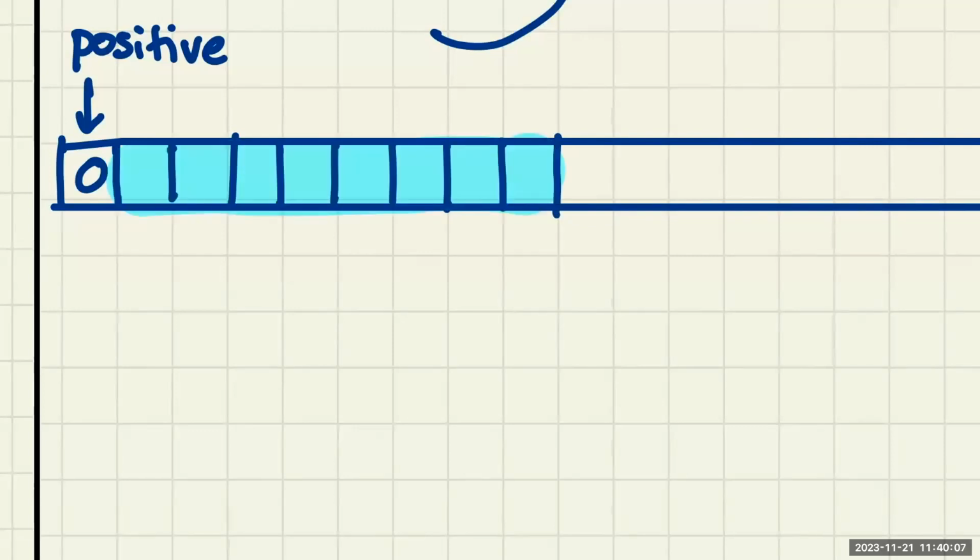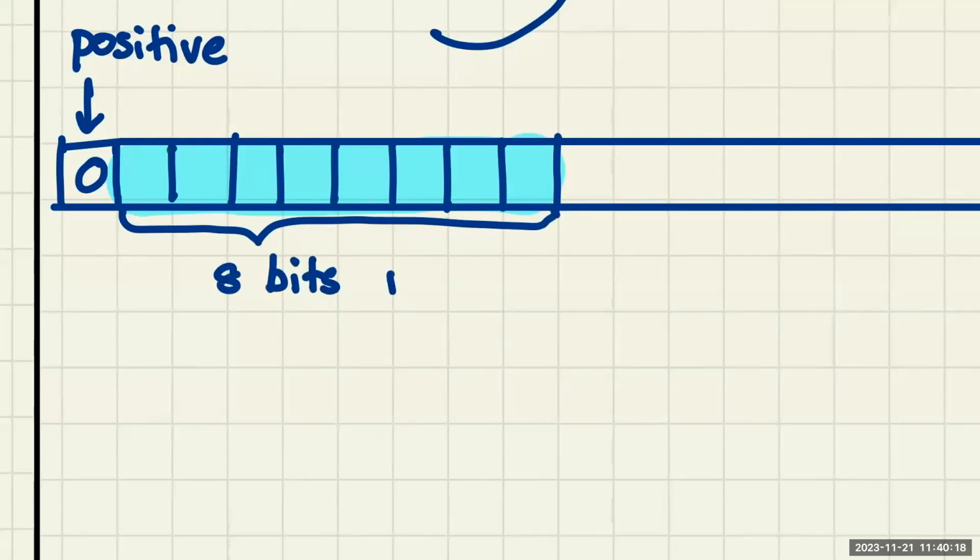And now the next 8 bits are for the exponent.